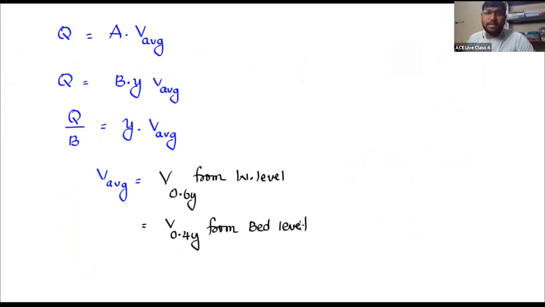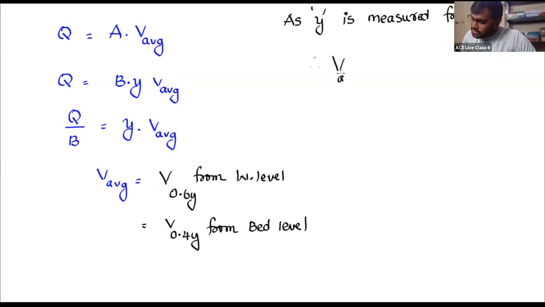As y is measured from the bed level, you have to take the velocity at 0.4 y. So now V average is equal to V at the point 0.4 y.